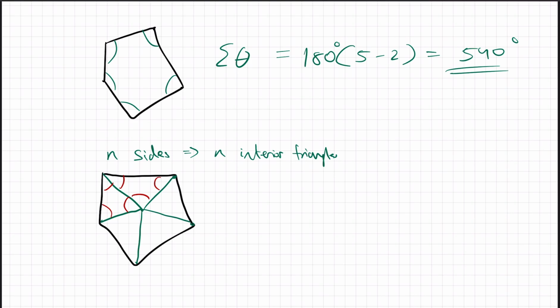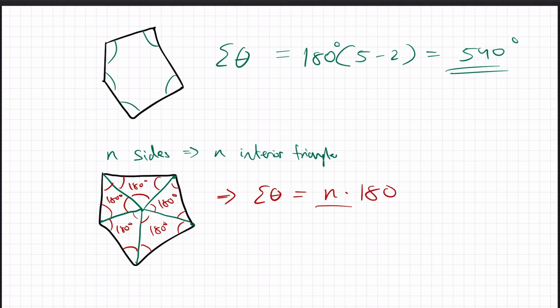You can see each of these mini triangles is going to have a total of 180 degrees. That includes all of the interior angles of the polygon as well as these angles in the center. So the sum of angles is equal to n multiplied by 180, the total number of triangles multiplied by 180.